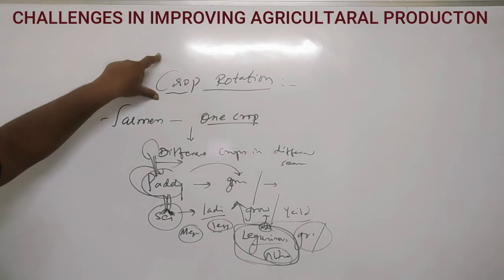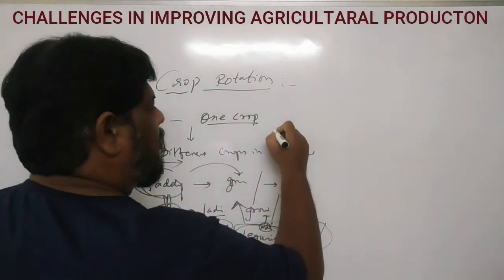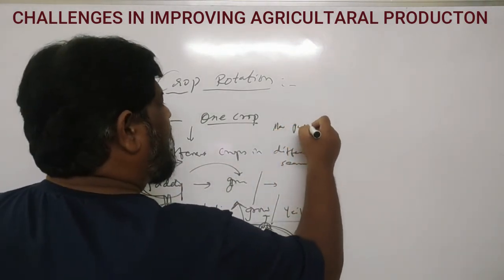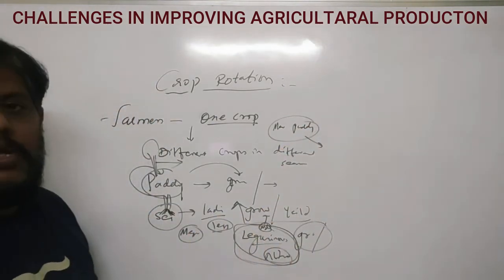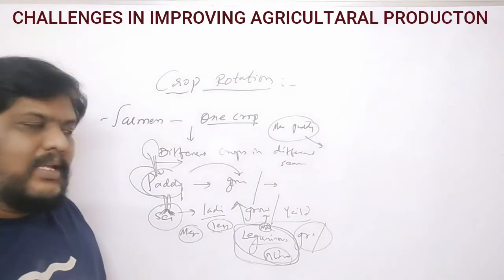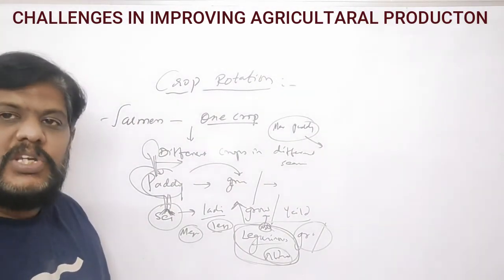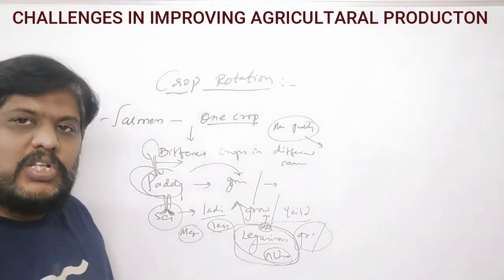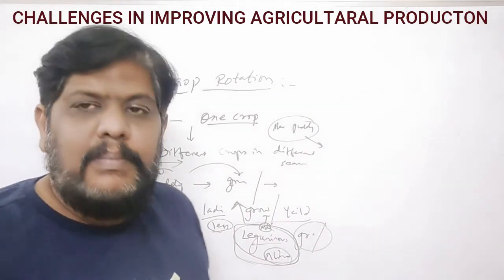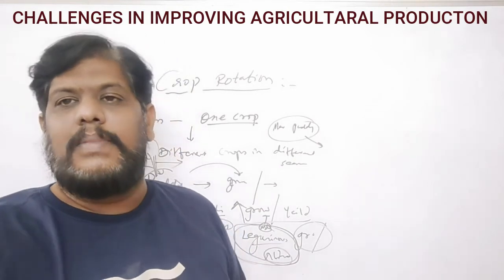Not only that, cereals like maize or paddy are known to take more and more nutrients from the soil. A lot of nutrients are taken by the paddy and maize plants, which are usually called cereals. So it is a must that these nutrients are added back to the soil.